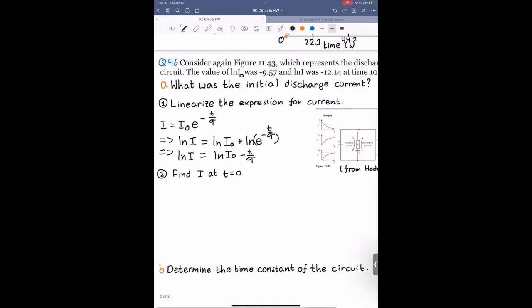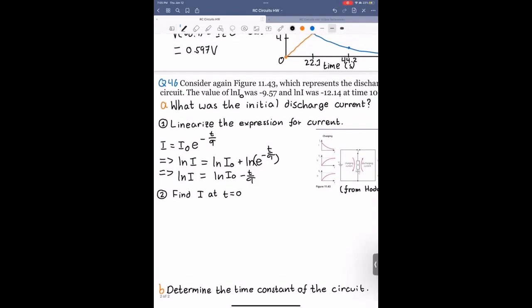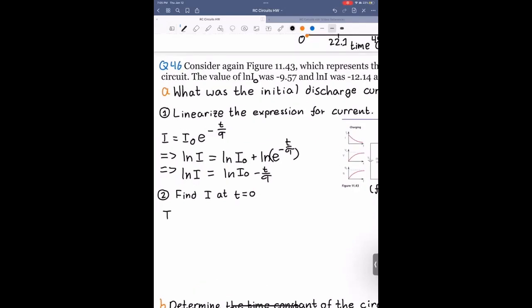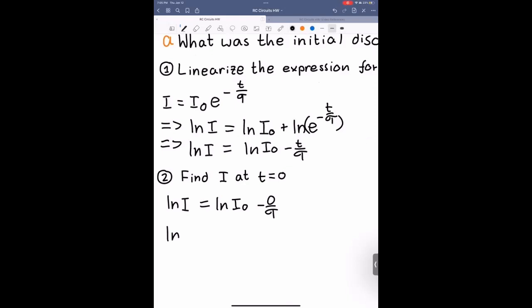All right, now we need to find the current when time equals 0. I equals I sub 0. Let's work with our linearized expression. T equals 0. So that entire term cancels out.